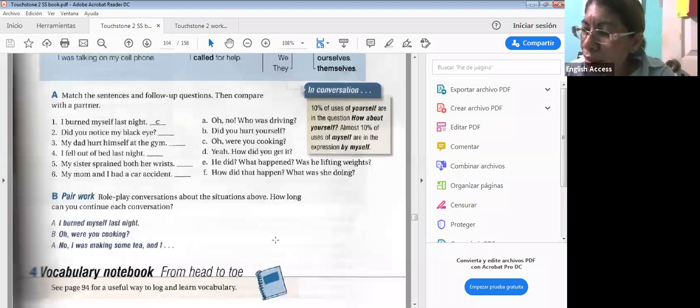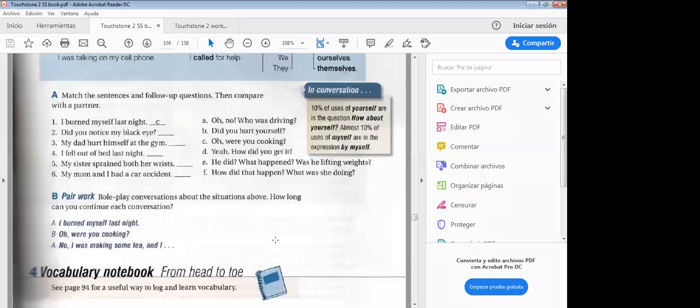Number 6. My mom and I had a car accident. Oh no, who was driving? We were in a car accident.